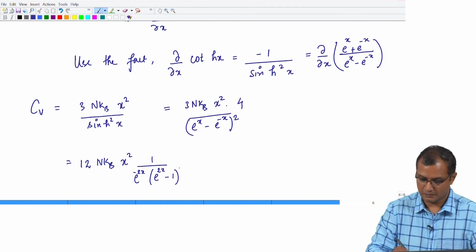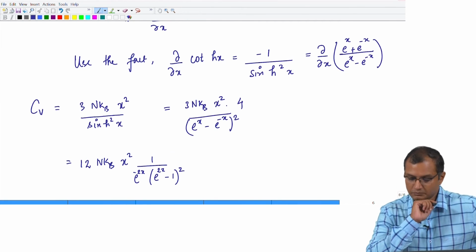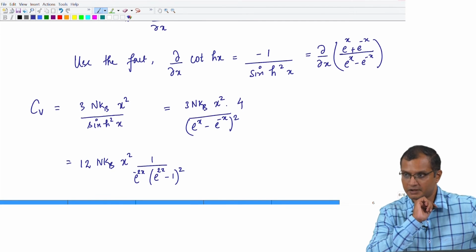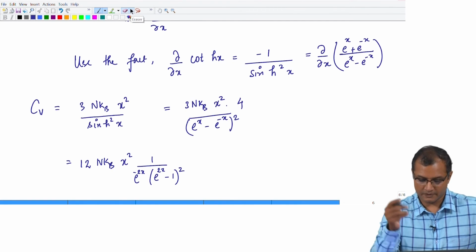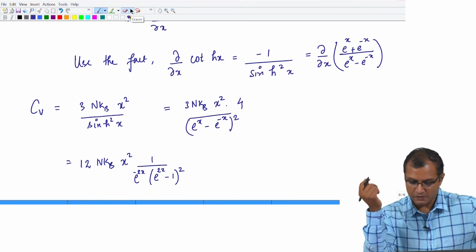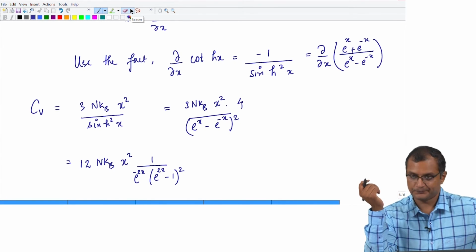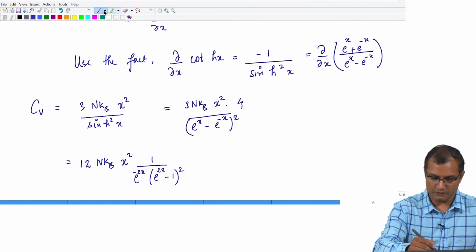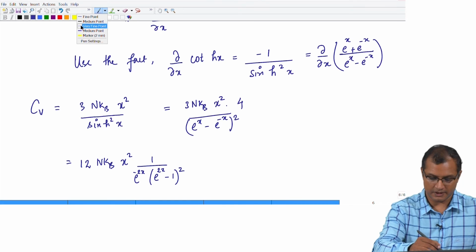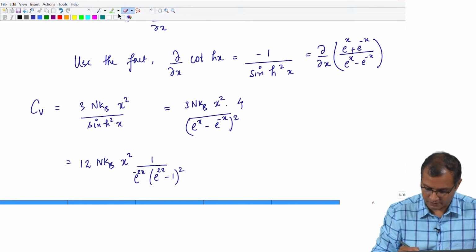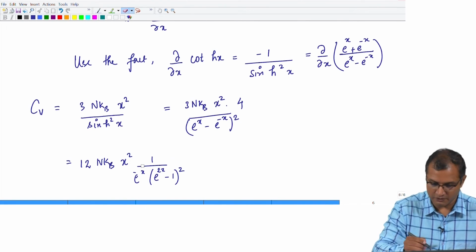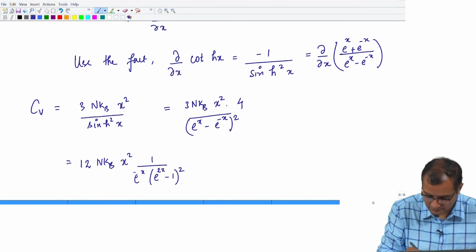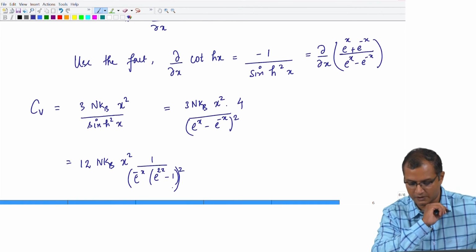Correct. Right. So, if I write under the square, then it simply becomes e raised to x minus e raised to minus x. Okay. So, if you want to understand this, I am going to write it without the square here, and then this is the overall square.